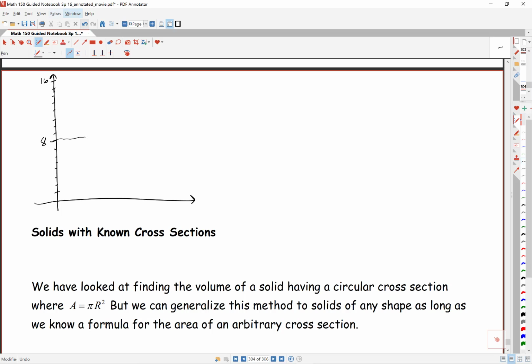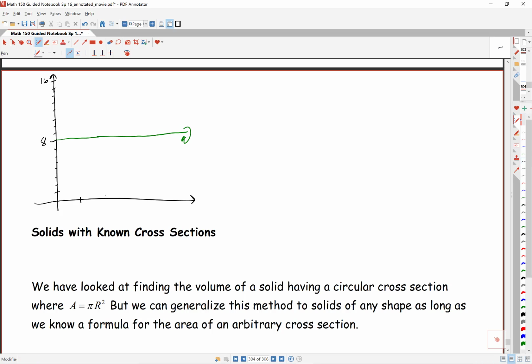And so now that line y is 8 is our axis of revolution. Put that in green. And we'll have our picture of our graph from before.